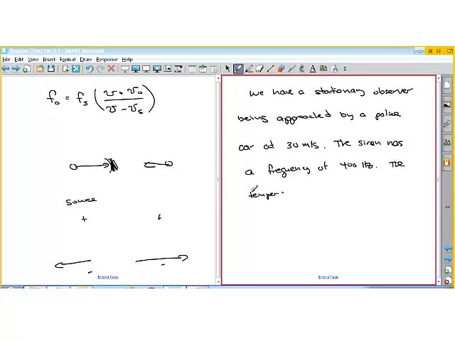The temperature is 25 degrees C. What frequency does the observer hear?